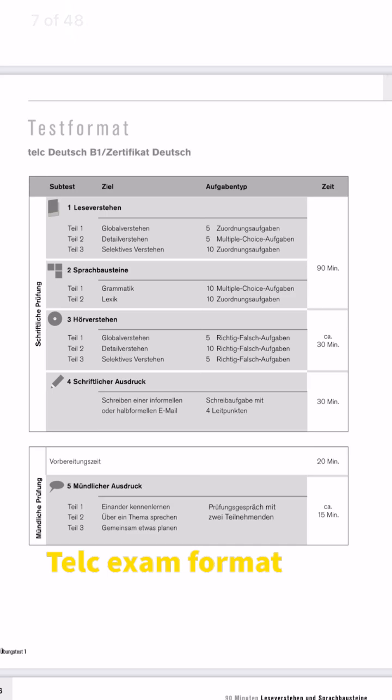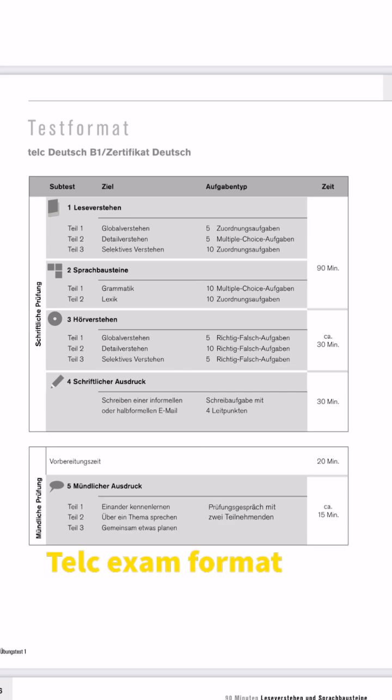Another thing is that there is an unlimited chance of giving the Telc Prüfung. There is no limit. You can give the Prüfung unlimited times if you fail. The second thing is, if you fail one section, suppose you fail the Mündlicher Ausdruck, you were not able to speak properly and they gave you a very low score, you can repeat the Mündlicher Ausdruck one more time.